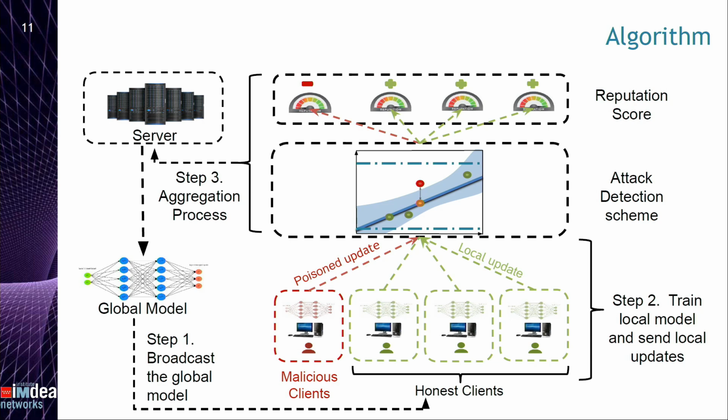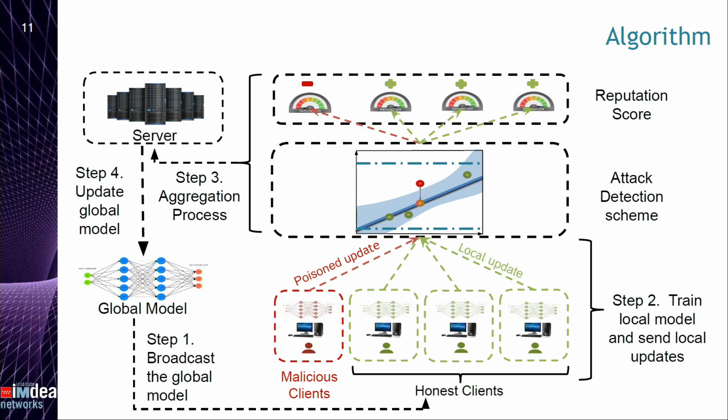In step 3, during the aggregation, first the attack detection scheme identifies the suspicious updates and reduces their impact. Then we use a subjective logic reputation model to produce the clients' reputation scores as the aggregation weights. Then we aggregate the local updates. In step 4, the server updates the global model.